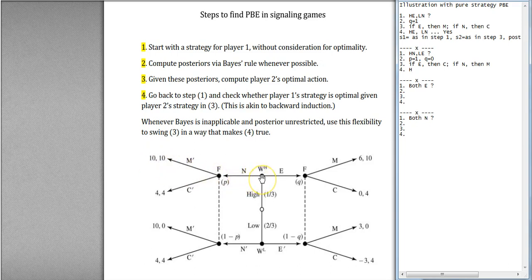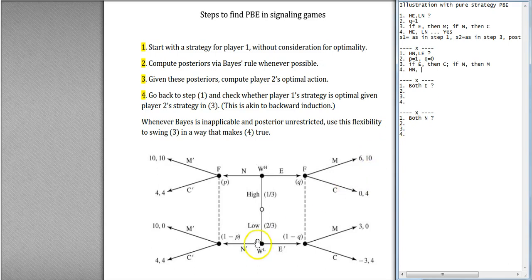On the other hand, if you become educated, which is the type of thing that the low ability person does in the separating candidate equilibrium, then the firm is going to wrongly interpret you as being low ability person, is going to make you a clerk, and you get a payoff of 0. So clearly it's best for you, the high ability person, to not get educated.